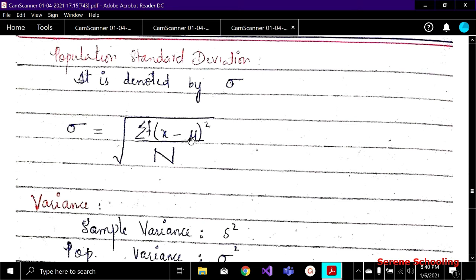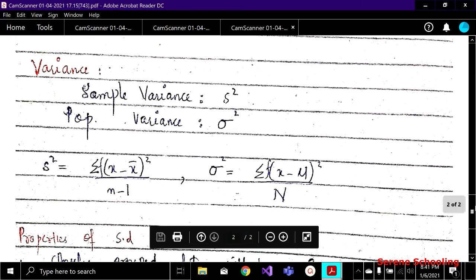The formula for finding the mean remains the same, just the representation differs, to make clear that we are using the population and not the sample. And previously we were using small n minus 1 for the sample. Here we use capital N for the population, the number of elements. This is the only difference: it is not n minus 1 but capital N.